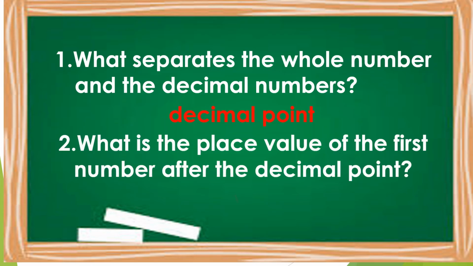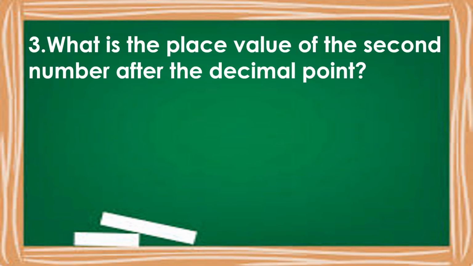What is the place value of the first number after the decimal point? Correct. It is tenths. Number 3. What is the place value of the second number after the decimal point? The second number after the decimal point is hundredths.